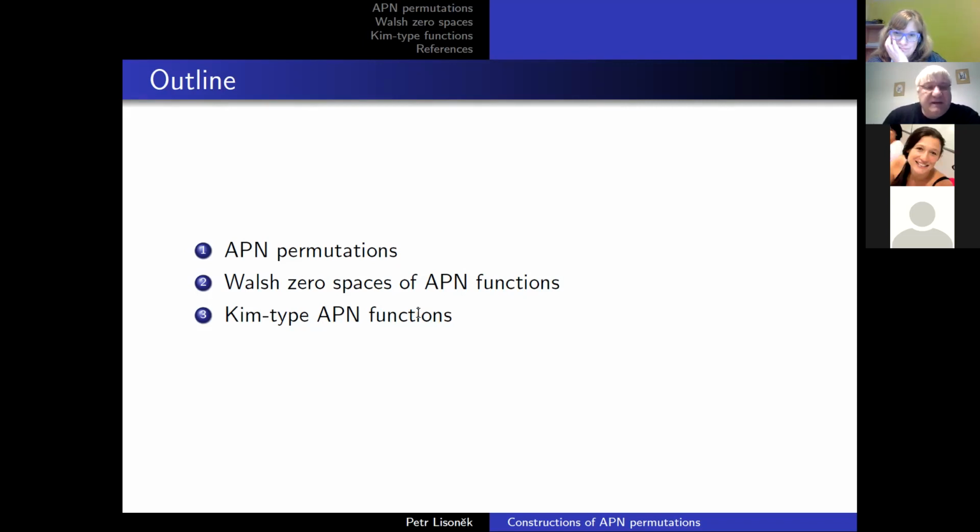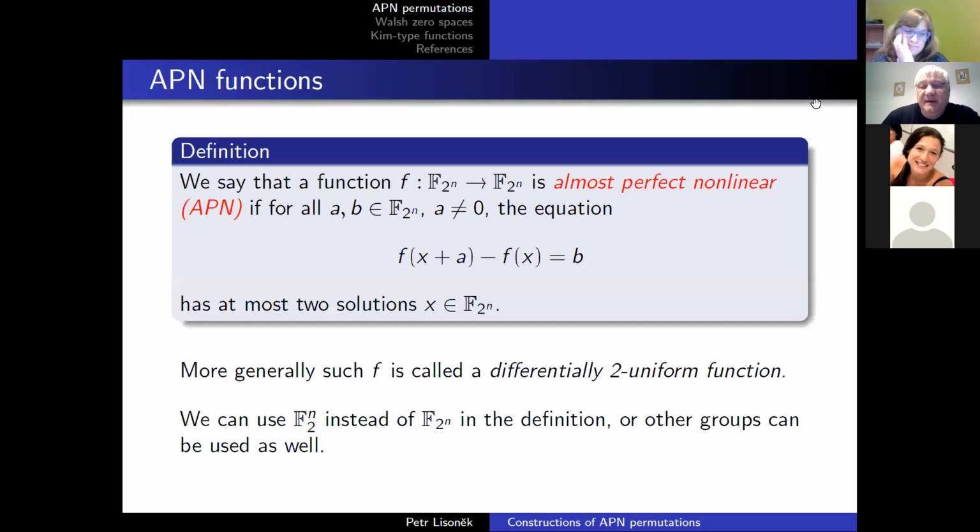So first, about the APN functions. A function is almost perfect nonlinear, or APN, if this equation has at most two solutions. We are considering this function f mapping field of order 2 to n to itself.